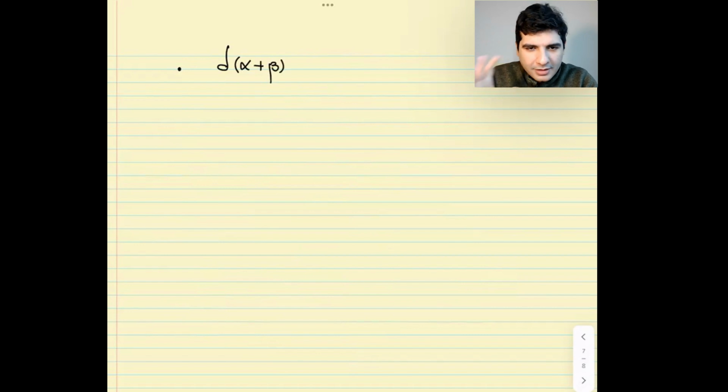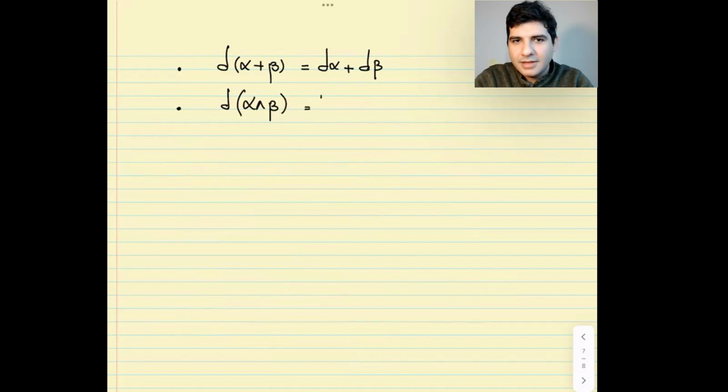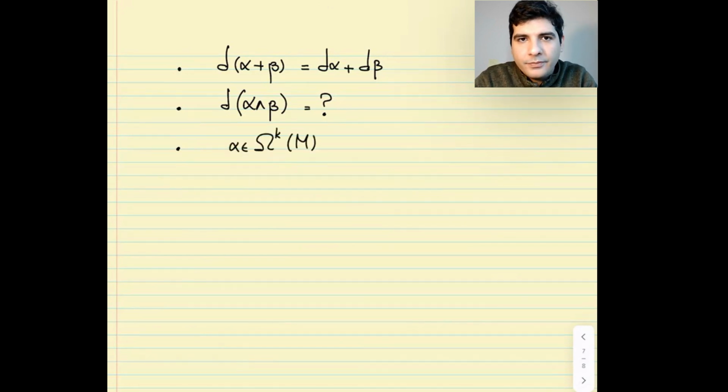Now, to extend it to other higher degree differential forms, we use a few rules. So the first thing is that d of the sum of two forms is the sum of their exterior derivatives. But the essential thing to extend it to other forms is the wedge product of two forms. Note that when we have, say, a k-form alpha on the manifold and another form, say an l-form beta, we can define their wedge product.